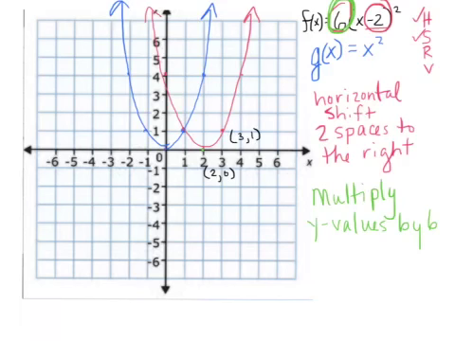So if I multiply the y value, or the 1, by 6, I should get 3, 6. So I'm going to go over to 3, but I'm going to go up to 6. So my new point is at 3, 6. And then if I do that with this point over here, which is 1, 1, if I write that down, 1, 1, and multiply the y value, which in this case is a 1, by 6. 1 times 6 is 6, so I should go 1, 6 for my new point.